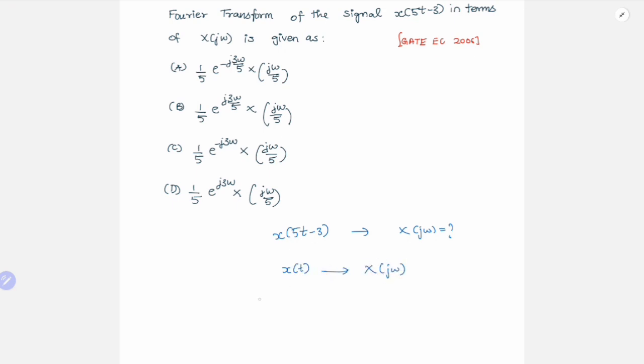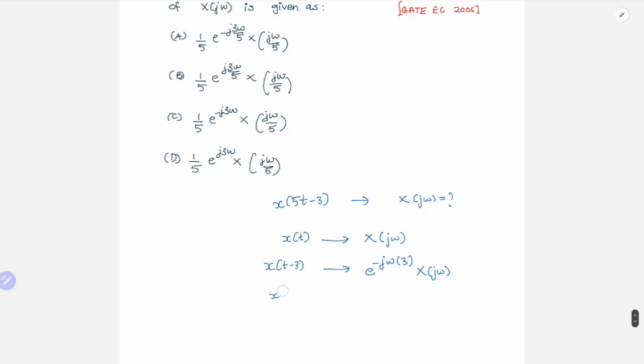So first we'll do the shifting operation. So x of t minus 3 will give me e power minus j omega into 3 x of j omega, which is nothing but e power minus j3 omega x of j omega.